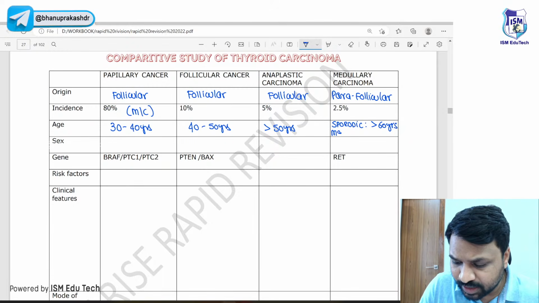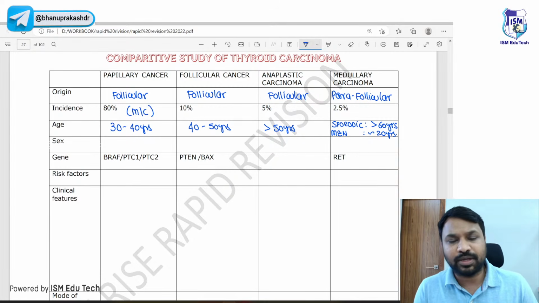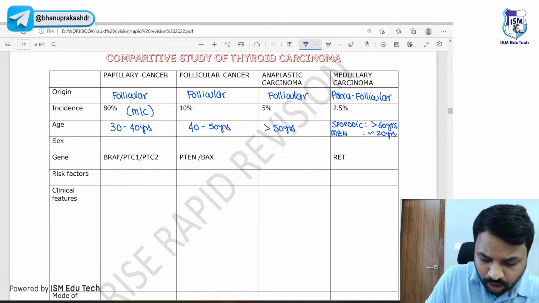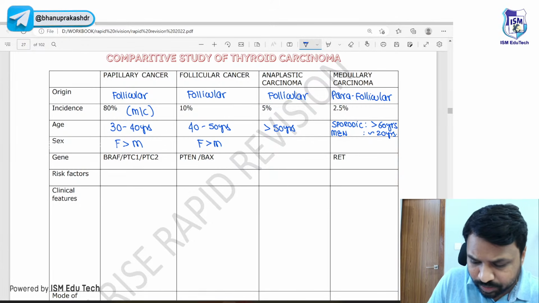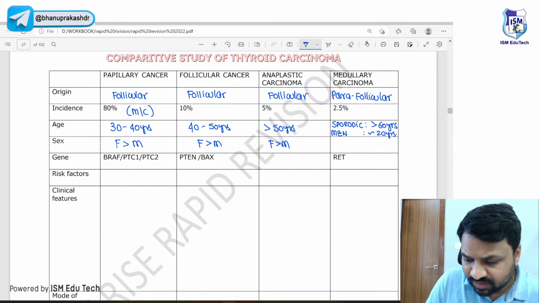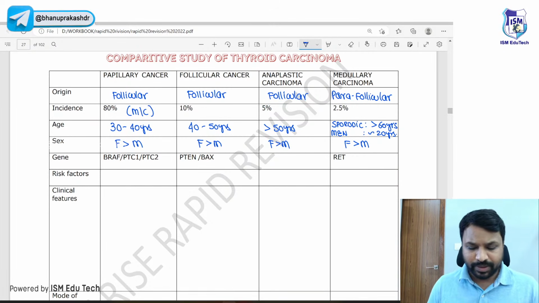If it is associated with multiple endocrine neoplasia, it is noticed around 20 years, right? So age depends upon whether it is sporadic or associated with multiple endocrine neoplasia. All these malignancies are more common in females when compared to males.